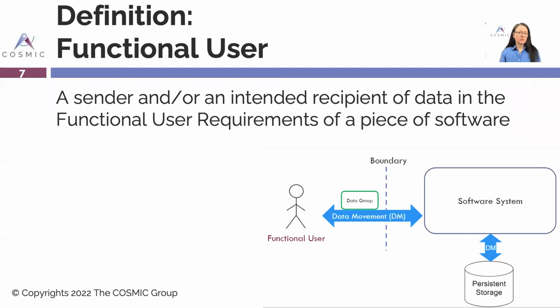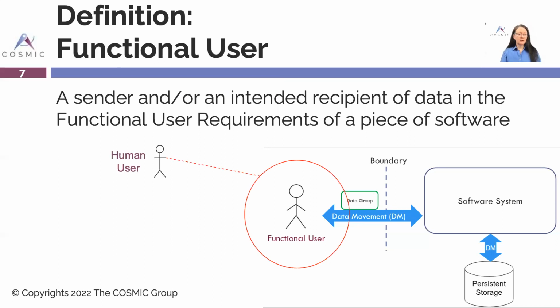Now, a functional user is a sender and/or an intended recipient of data in the functional user requirements of a piece of software. Of course, there is more than one type of functional user.